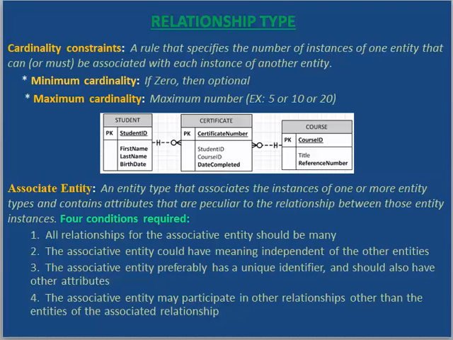Between certificate and course, we have many and optional zero for certificate, and we have maximum equal 1 and minimum equal 1 for course.